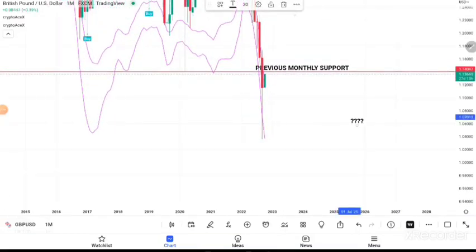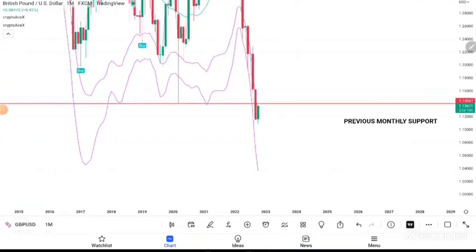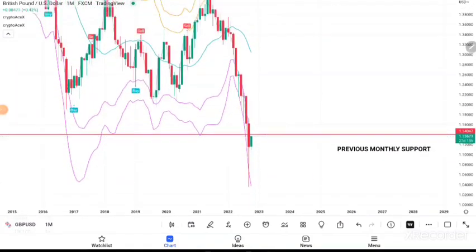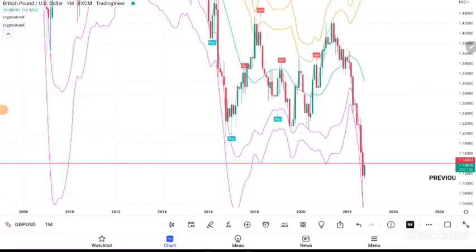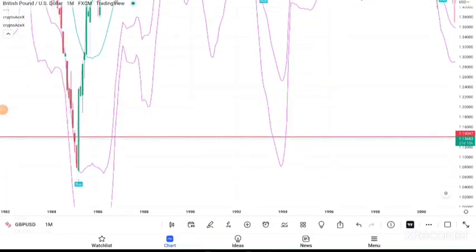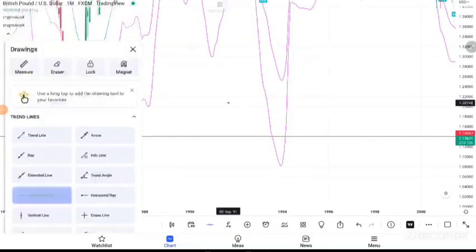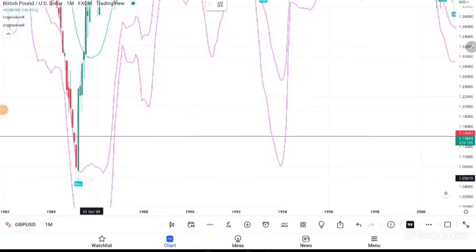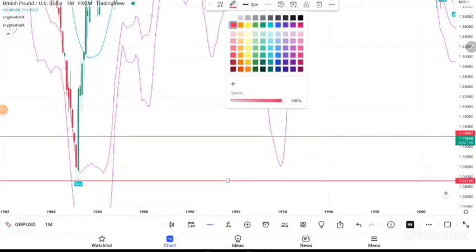As I said in the first post, we would likely target the 1985 lows here. These were untested and the market will likely test this area.